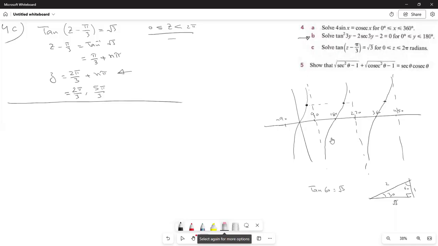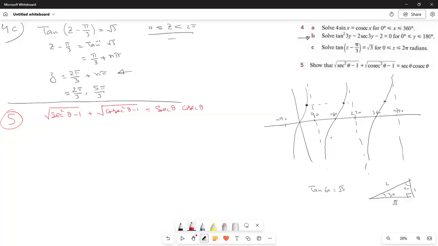It was easy. Now I will quickly do question number 5. Time is short, but I will finish it. We have to prove that secant squared theta minus 1 plus cosecant squared theta minus 1 is equal to secant theta into cosecant theta.